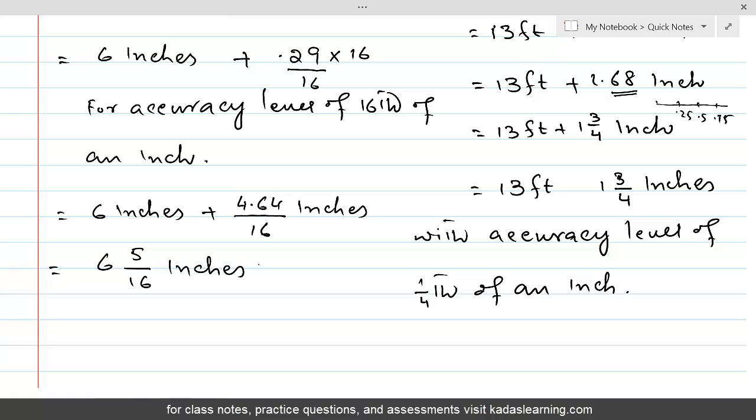If it was 4.39 or something less than 4.5, then we would have trimmed the decimal part and simply written 4 over 16. But this is how we can look for the desired accuracy.